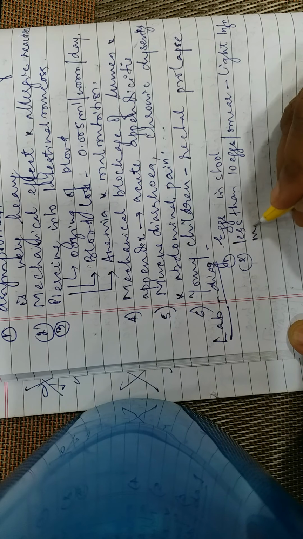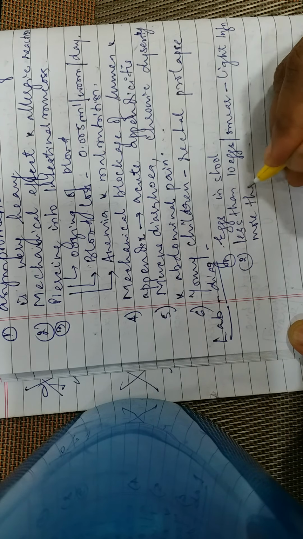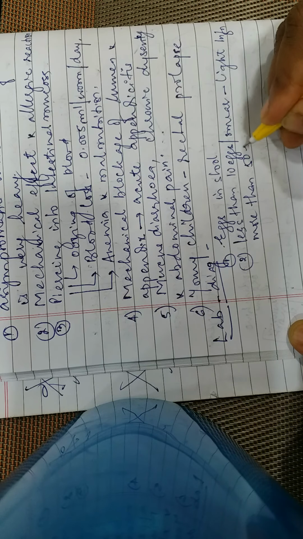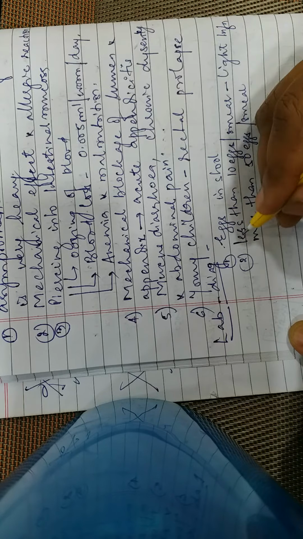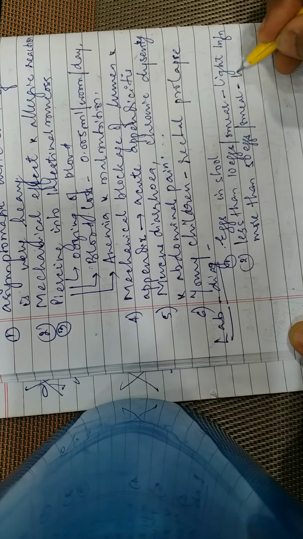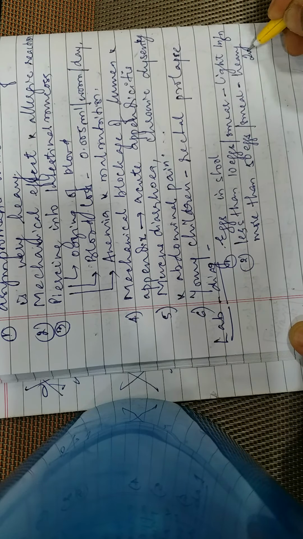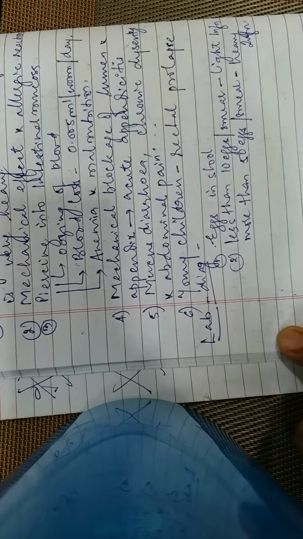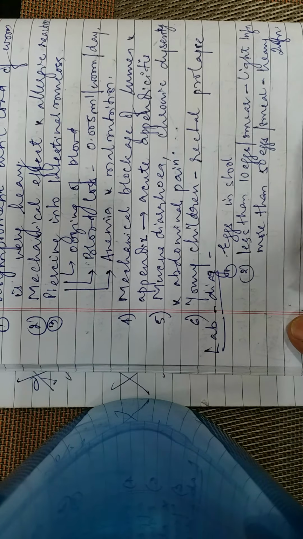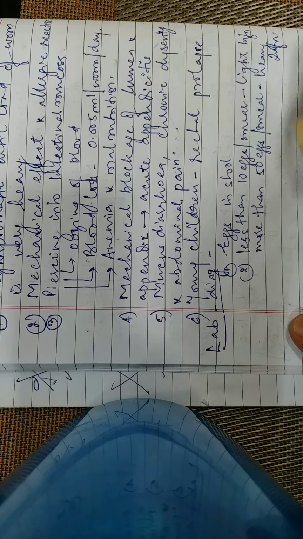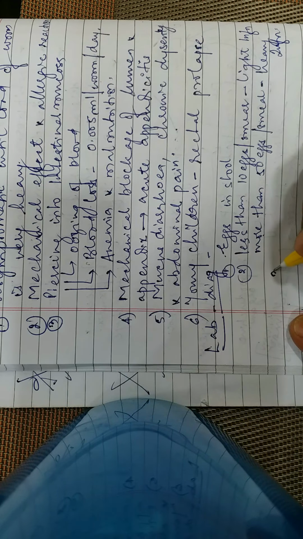But if it is more than or equal to 50 eggs per smear of the stool that we will be making, it is heavy infection. If 10 eggs per smear, it denotes light infection. More than 50 or 50 eggs per smear, it is heavy infection.